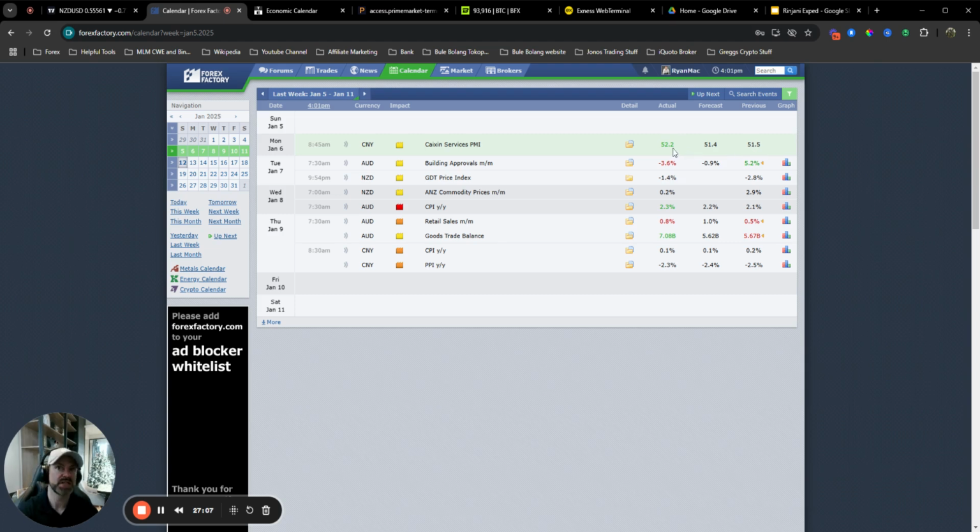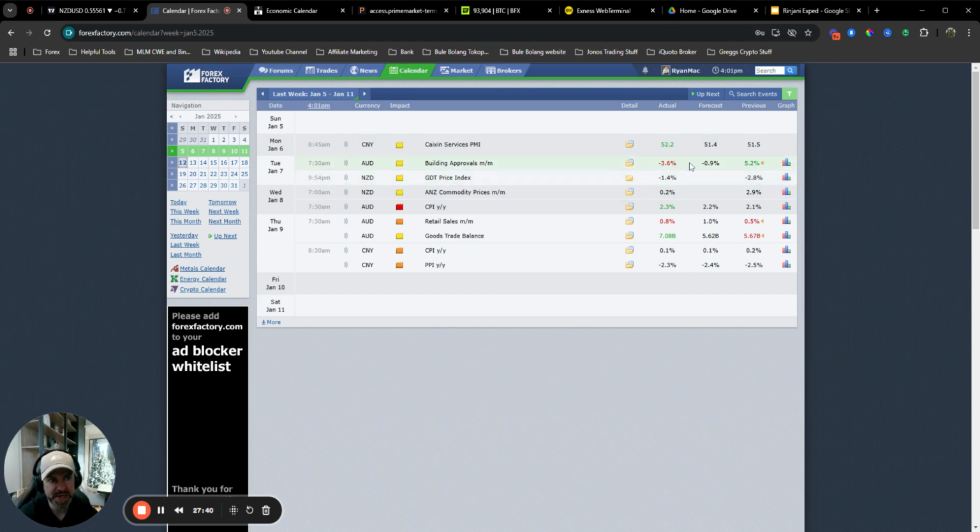Now, on the flip side of that, if the previous was 52.2 and the actual now is less at 51.5, that is still bullish. Okay, don't think just because the numbers have decreased that it's bearish. It's bullish. Okay, it just means things have slowed down a little bit. Services have slowed down. Things aren't as good, but they're still in the green. They're still doing tons of business to keep them in the green and keep them bullish. Okay, so it's very important to know that.